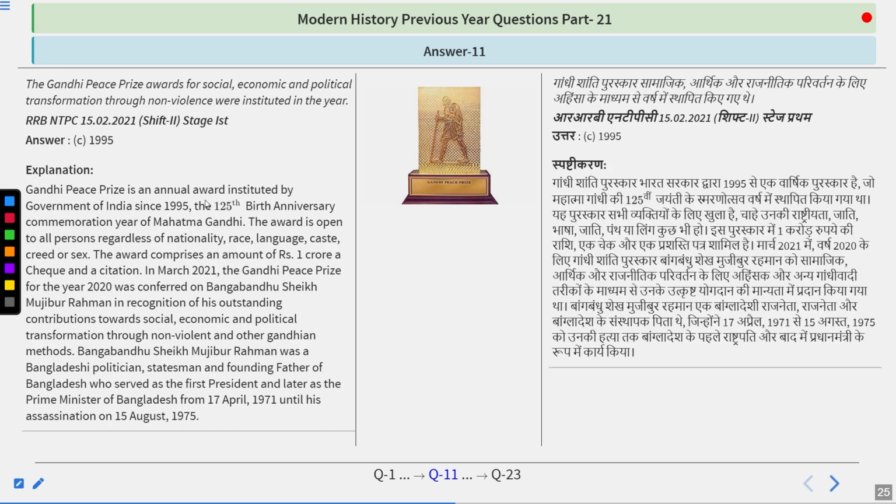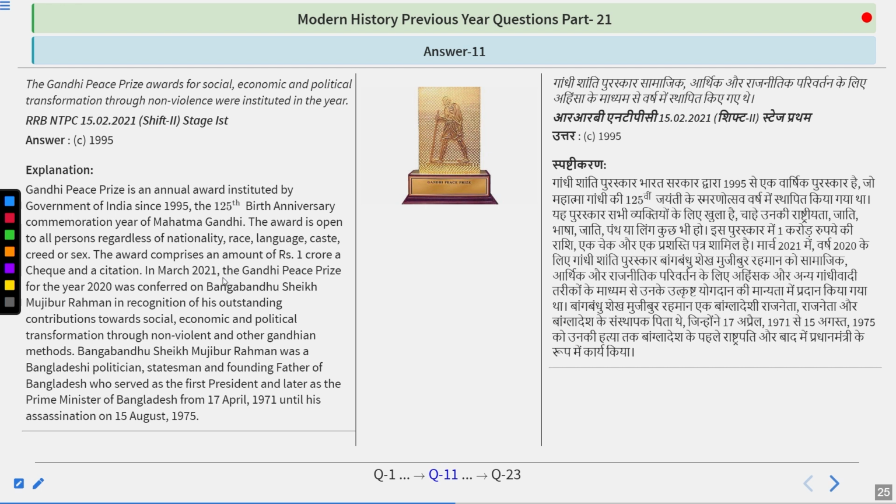The Gandhi Peace Prize is an annual award instituted by the Government of India since 1995, the 125th birth anniversary commemoration year of Mahatma Gandhi. The award is open to all persons regardless of nationality, race, language, caste, creed or sex. The award comprises an amount of rupees 1 crore, a cheque and a citation.